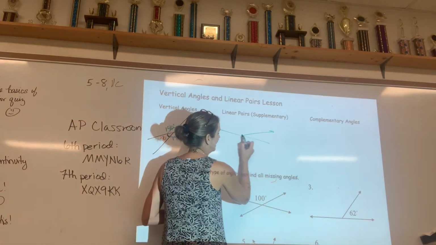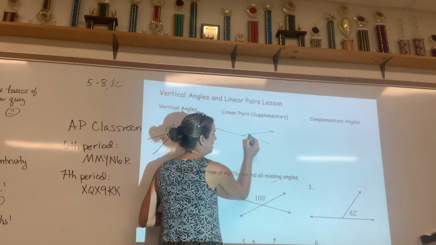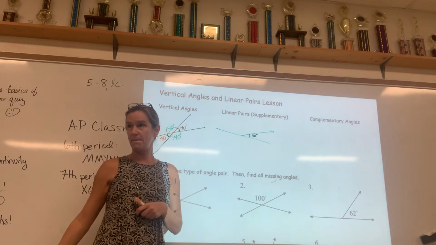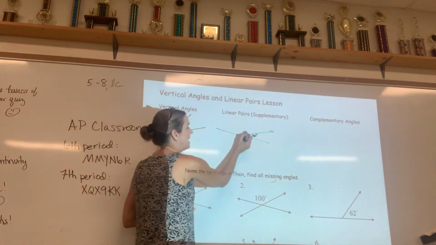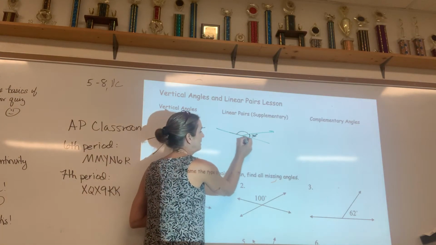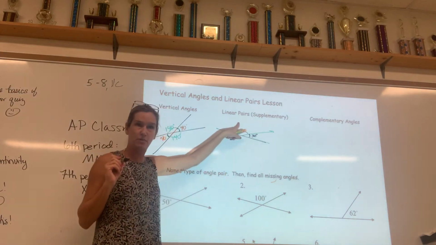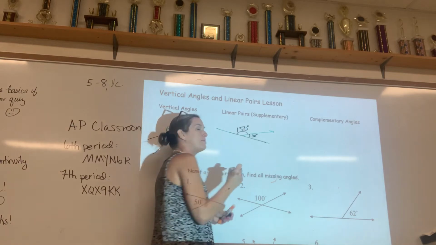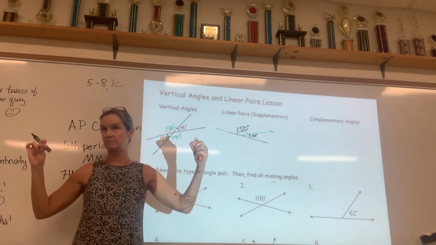So if I said this angle right here was 30 degrees, then this angle automatically, because they form a line, would have to be 150, okay? A linear pair forms a line, okay?